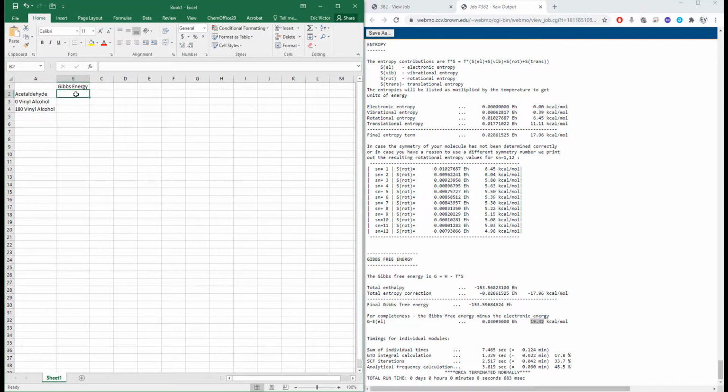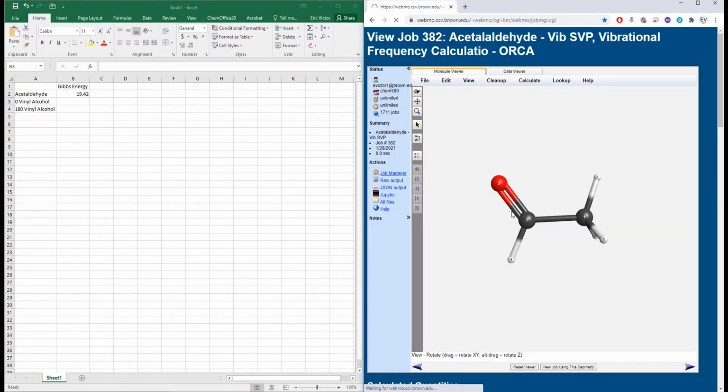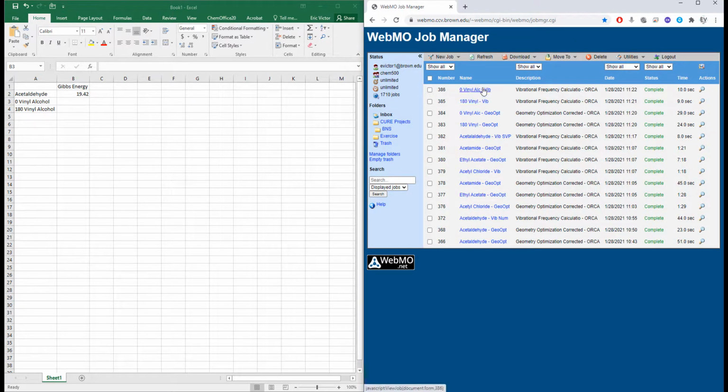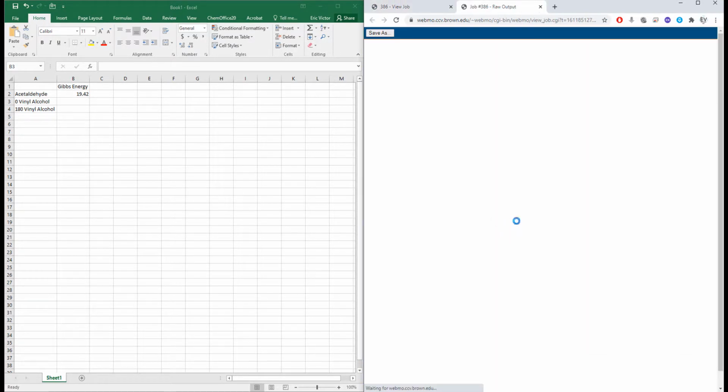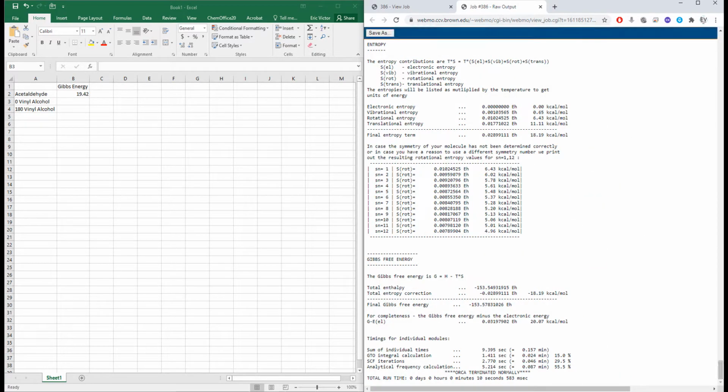If we put that into an Excel file, we can standardize everything and see how the different isomers compare with each other. So we have this for acetaldehyde. Now, if we look at our other calculations for the vinyl alcohol at 0 degrees and also at 180 degrees, we go first to the 0 degrees, click on it, go to raw output, and scroll all the way to the bottom, and we get that the energy is 20.07.